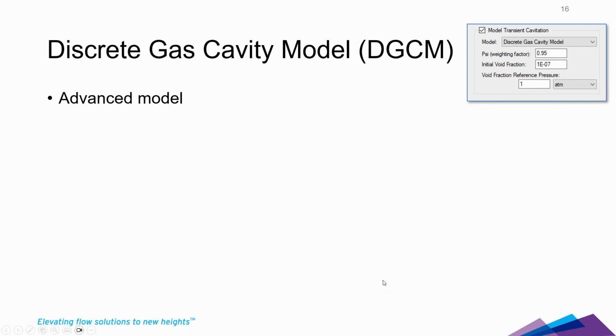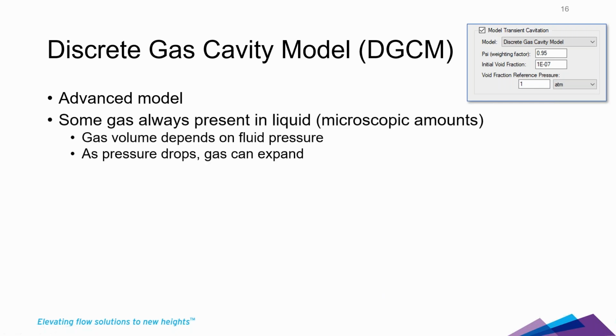All right, a little bit more about the DGCM here. One of the differences with the discrete gas cavity model is that this allows your system to become a little bit what I call squishy. That's because there's always going to be a small level of gas present inside the liquid, microscopic amounts of teeny little bubbles. And so as your pressure drops during a transient situation, that gas can expand.